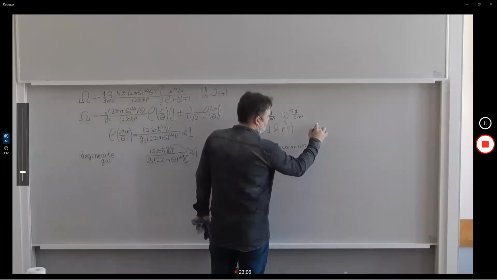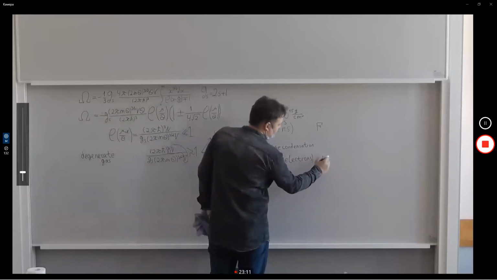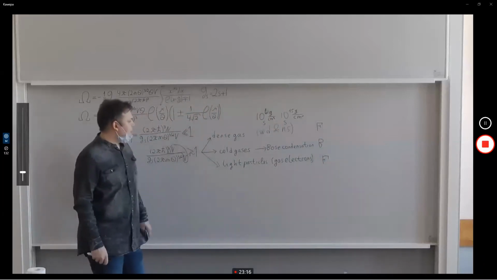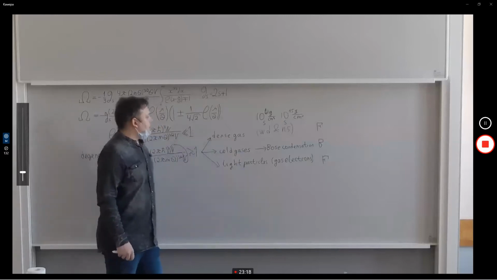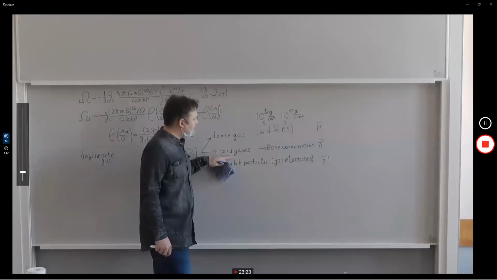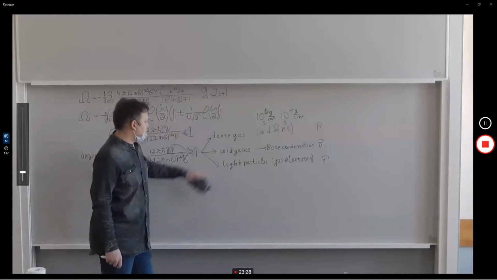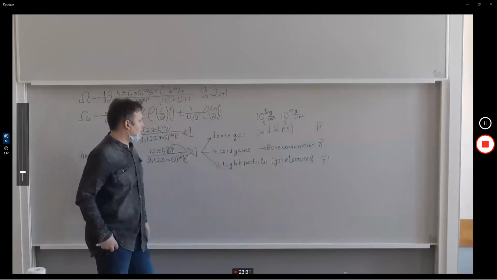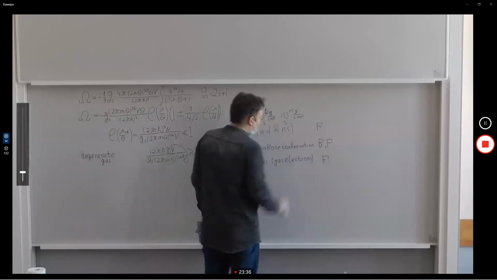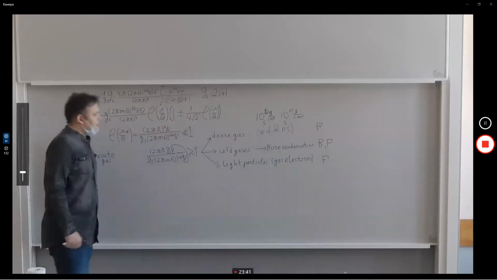Please note that in the first case we usually have Fermi statistics. Here we have Fermi statistics, and here we have Bose statistics. In most interesting cases, of course, we can consider cold gases of fermions. These two cases are mostly important for fermion cases.